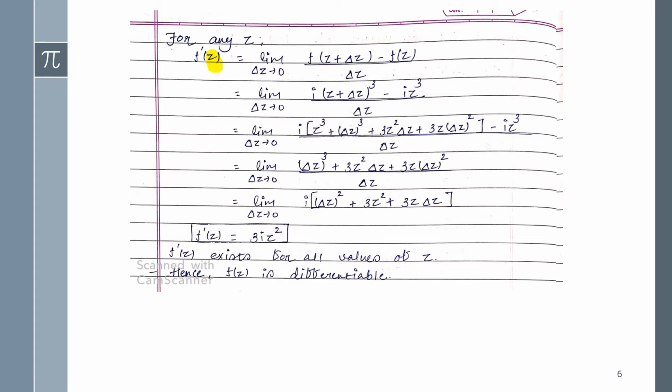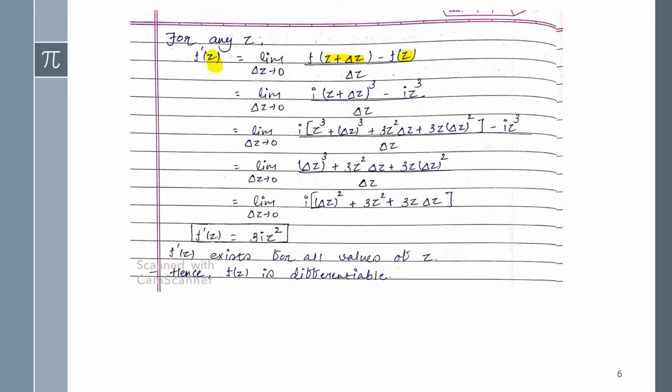Now we are having the function iz cube, so in place of z you have to put it one by one. Once you have to put z plus delta z, and then after you have to put z. So i as it is, z plus delta z whole cube, minus again i as it is, z cube.